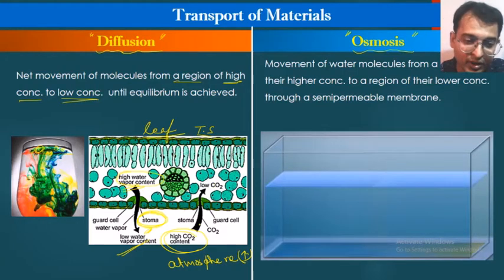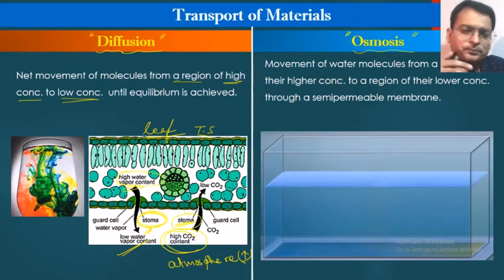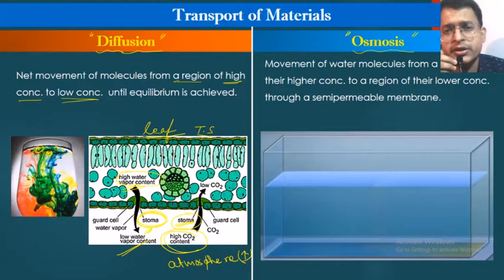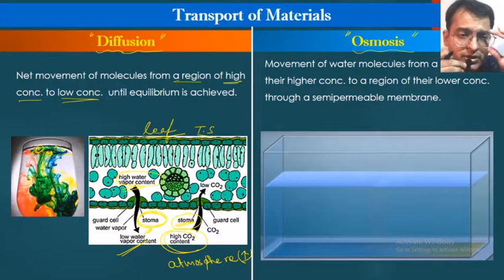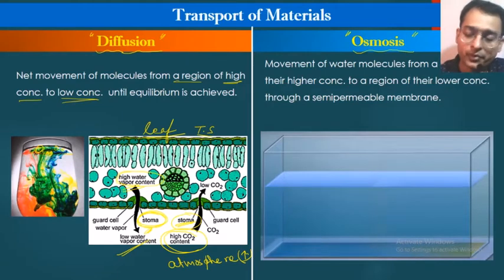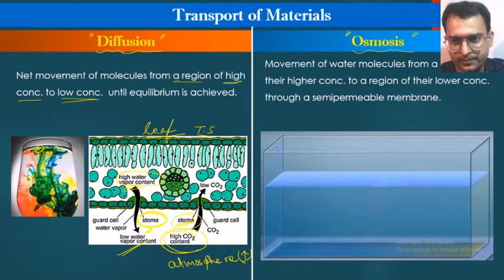So what is going to happen? The carbon dioxide is going to diffuse through the stomata, inside the leaf. Okay, so this is what diffusion is, in which there is a movement of the molecules from a region of high concentration to low concentration.